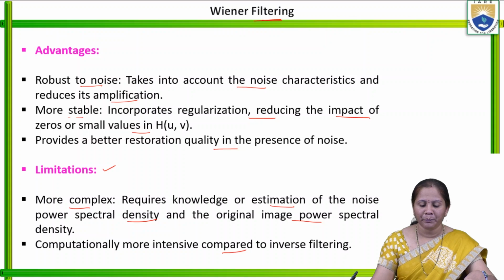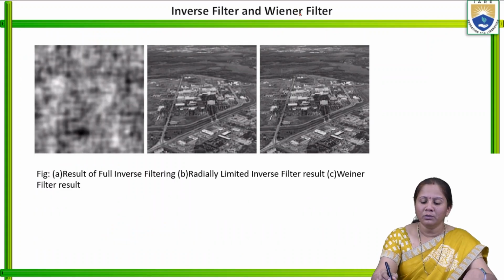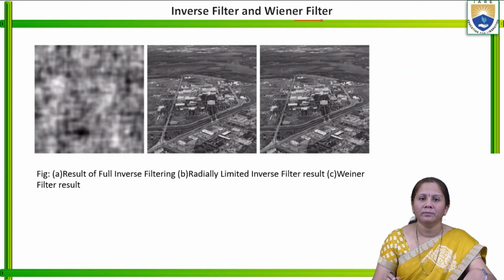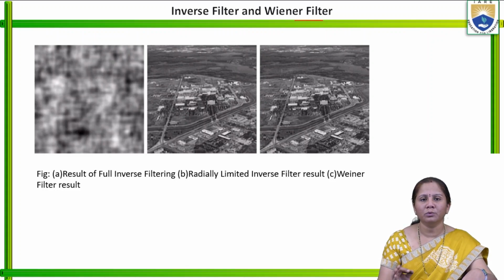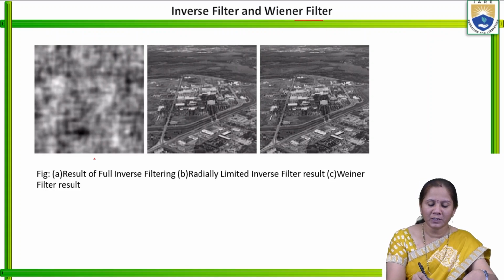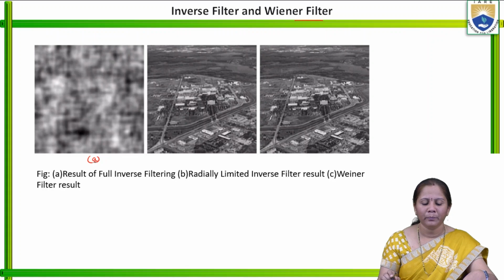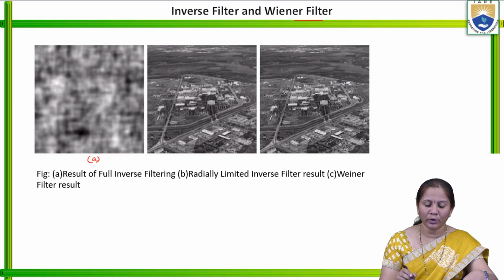Here we can see the effect of the inverse filter and Wiener filter when used to reduce the blurring in images. We can observe here, this is the degraded image which we get if we use full inverse filtering.